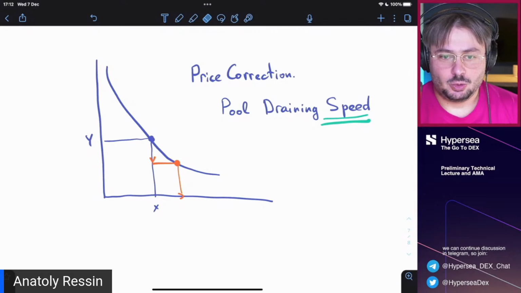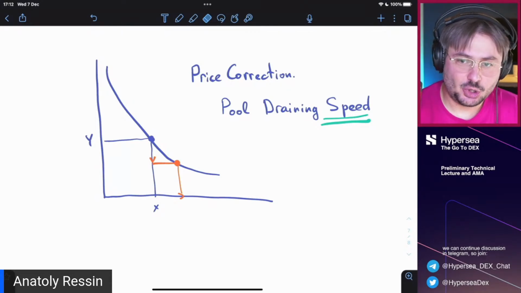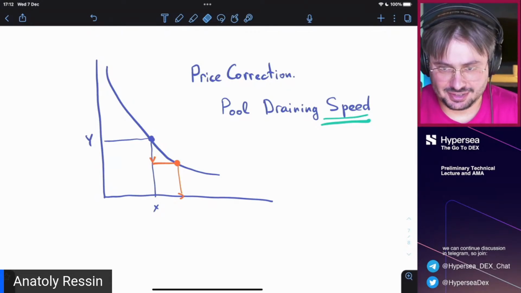We can calculate the speed, and we can adjust the price when it's not too late to adjust it.